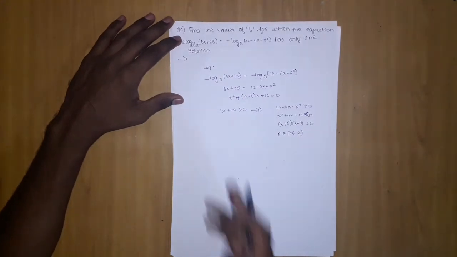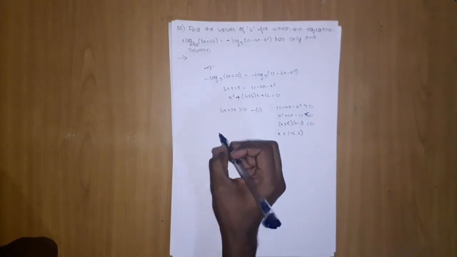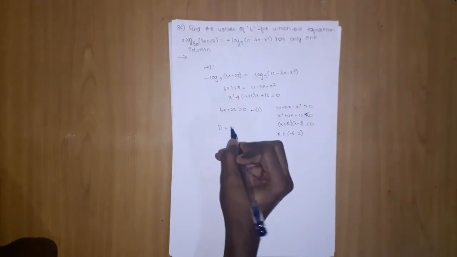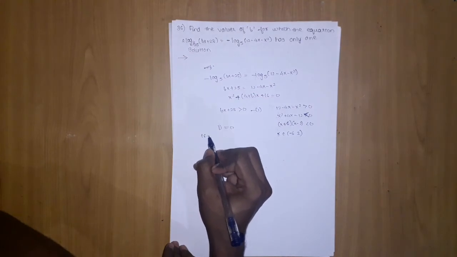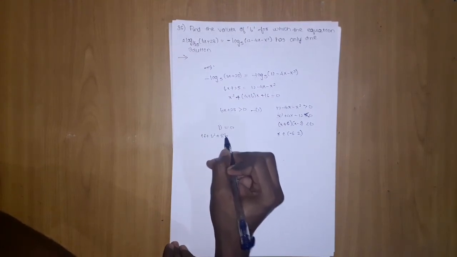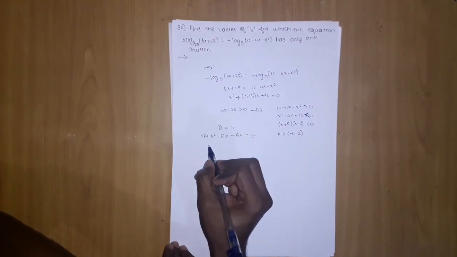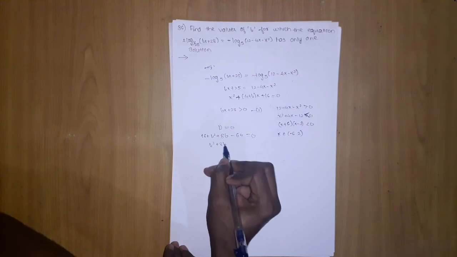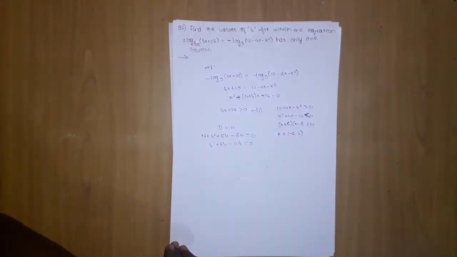We got this. From here we cannot do anything until I know the nature of b. So we will proceed further, which is d equal to 0. When we do this, what we are getting is b square minus 4 times 16, which is b square minus 64, should be equal to 0. Which is giving us b square plus 8b minus 48 should be equal to 0.